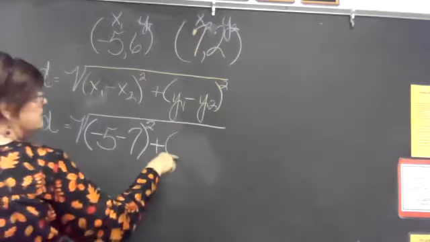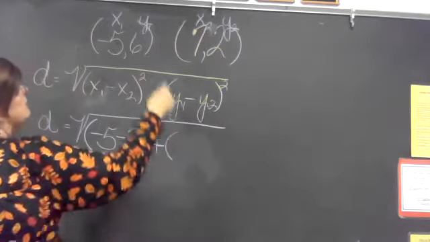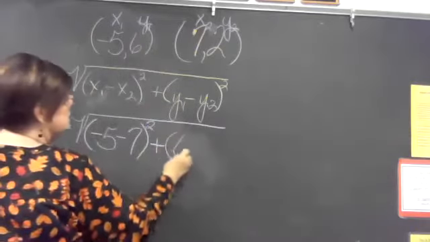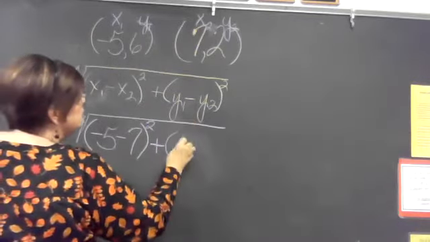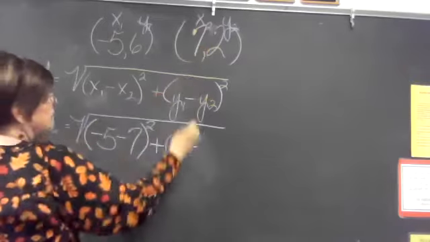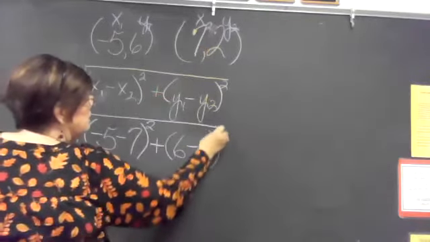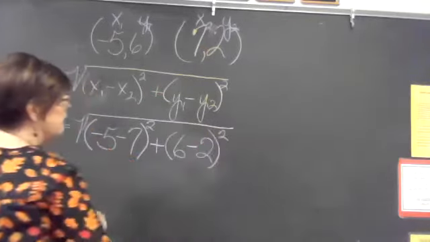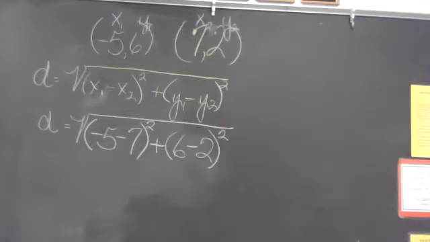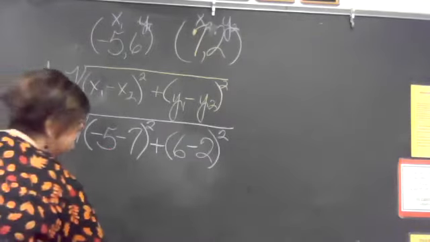Then another parenthesis, y1, 6, the minus, and y2 is 2, squared. So we have everything in our formula, and we just have to do the math.